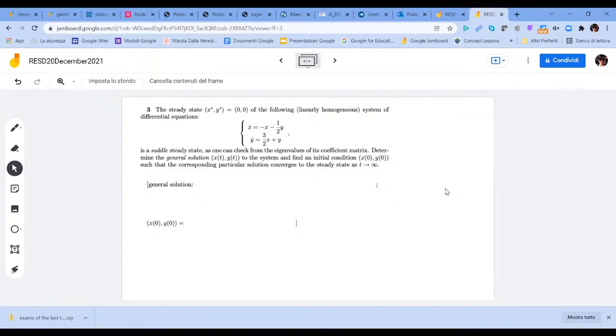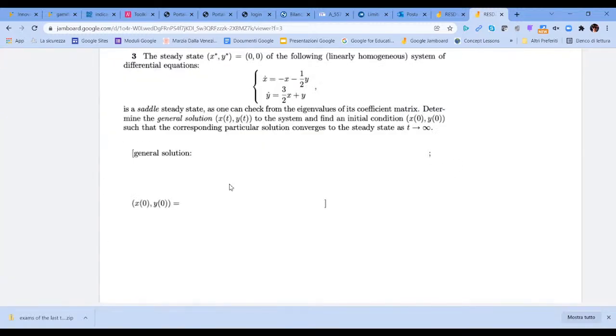And then you have to find an initial condition such that the particular solution converges to the steady state as t converges to plus infinity. So you have to compute the limits, and normally it should be something given by the eigenvalues.